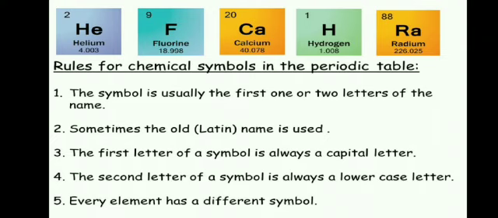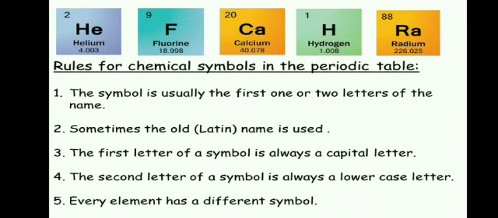The first one is, the symbol is usually the first one or two letters of the name. As we have discussed, the symbol comes from the name of an element, either as the first letter or the first two letters. Sometimes the old name is used.